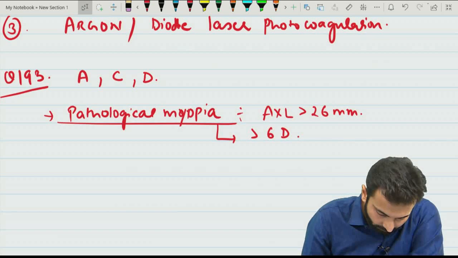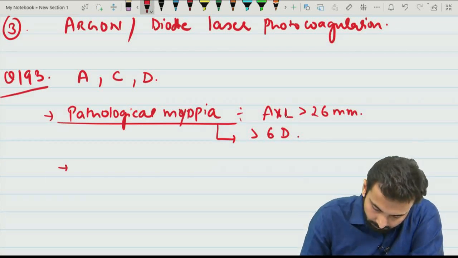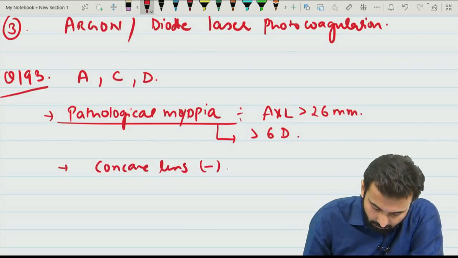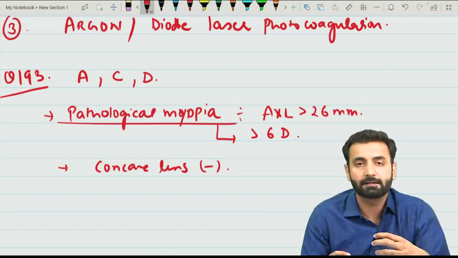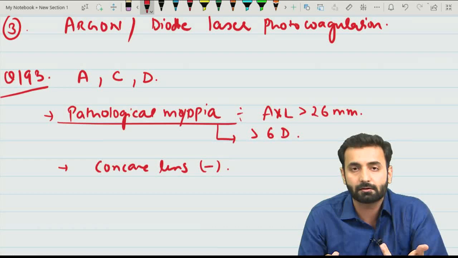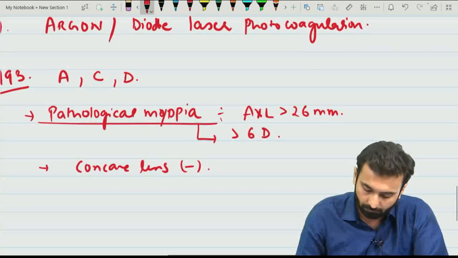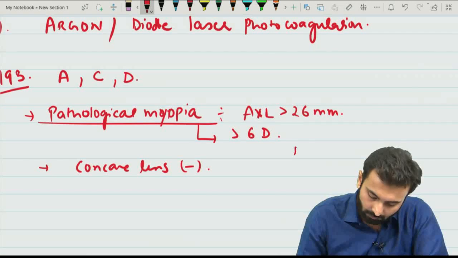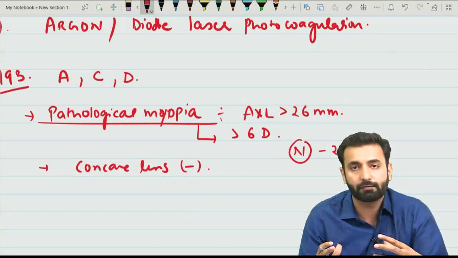Coming to treatment options, you know that we use concave lenses. The minus lenses are given. In pathological myopia, as the axial length is increased more than 26, what is the normal axial length? The normal axial length is around 24 millimeters. So there is stretching of the eyeball.